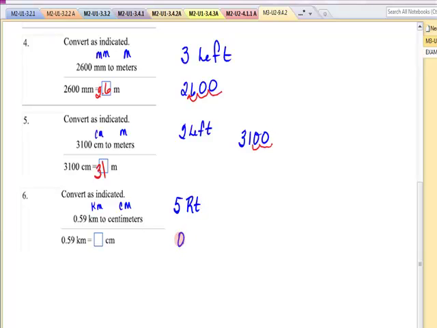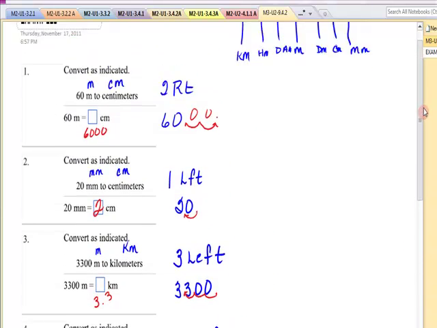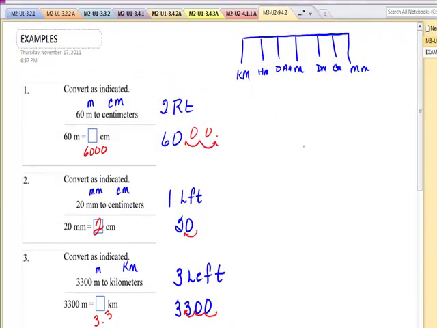The number here is 0.59. Pick up the decimal, move it 5 to the right, so it's going to go 1, 2, 3, 4, 5. We will add in zeros. We don't put a decimal at the end, even though it's there. So this is 59,000 centimeters. We'll use this strategy anytime we're working with the metric system. We use unit cancellation when we're dealing with the US system.